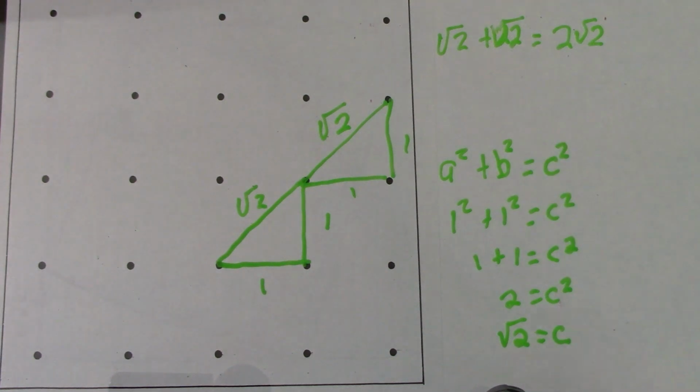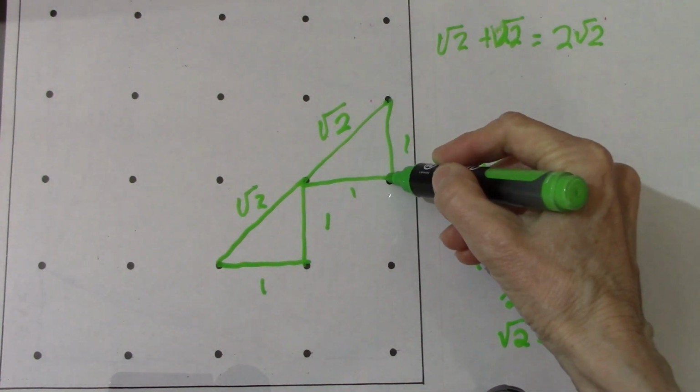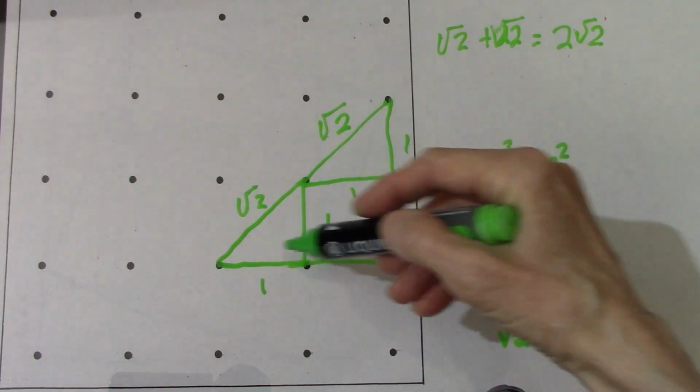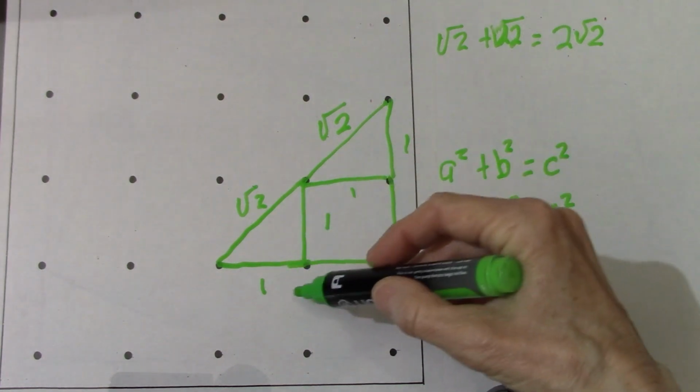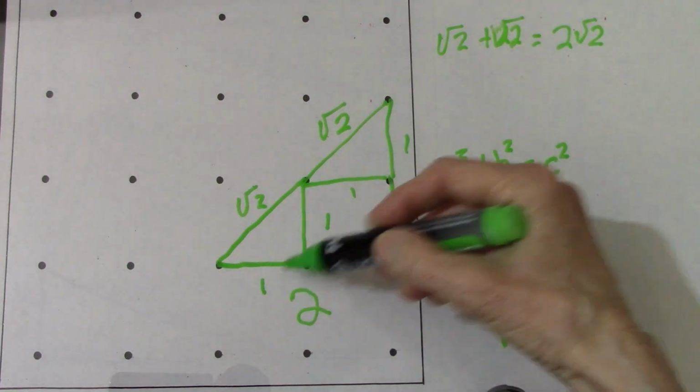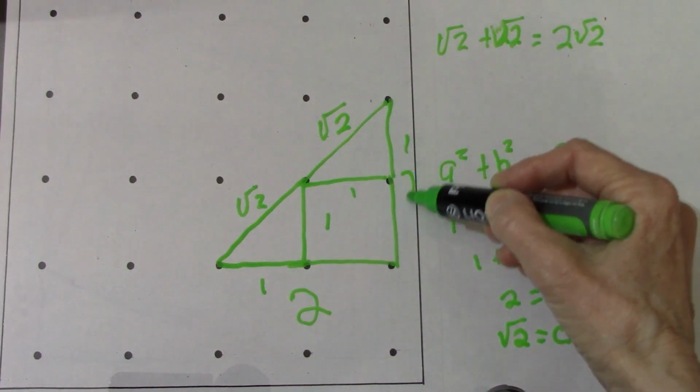And what we can see here is, if I drop down a perpendicular here and I make one big triangle, now the length of my side is 2, and the height of this side here is 2.